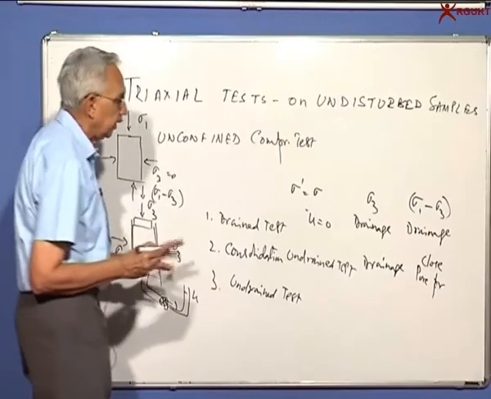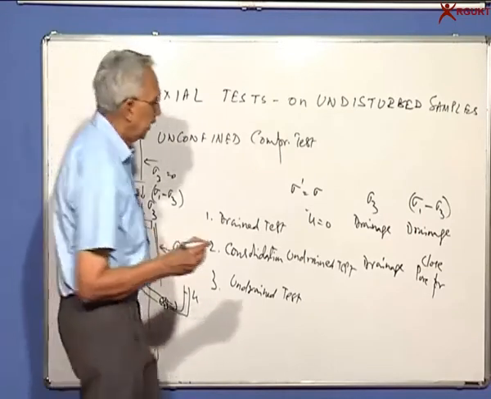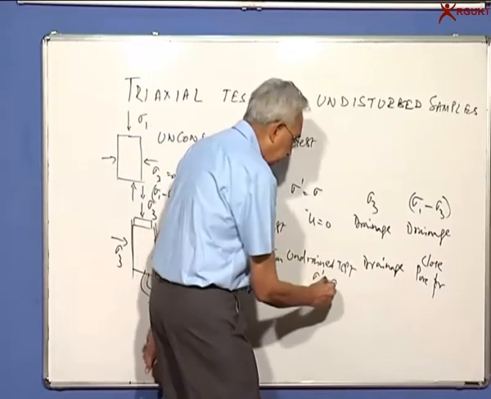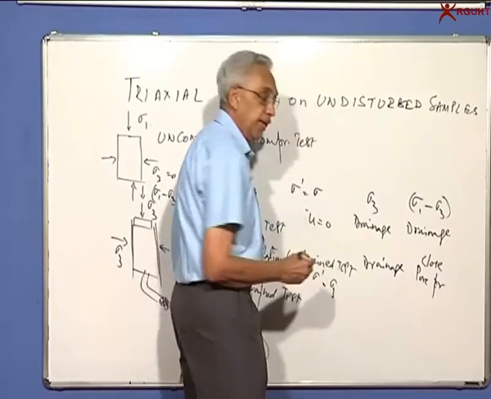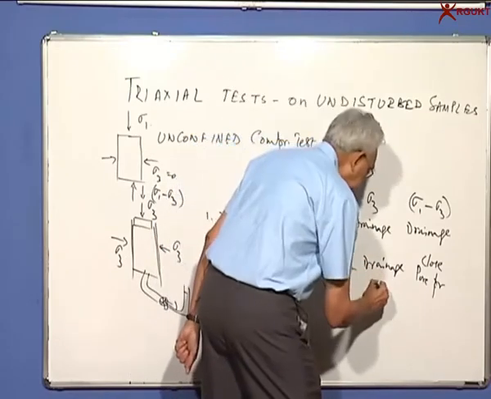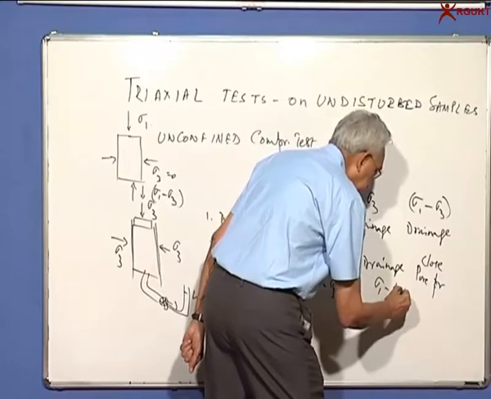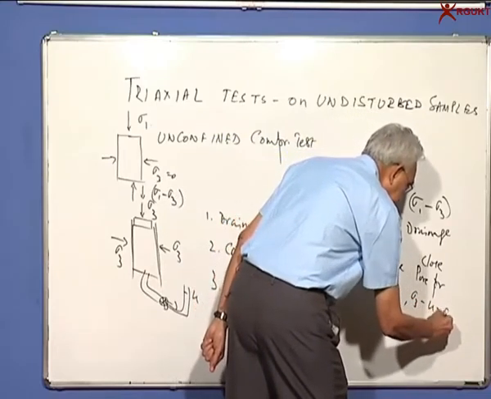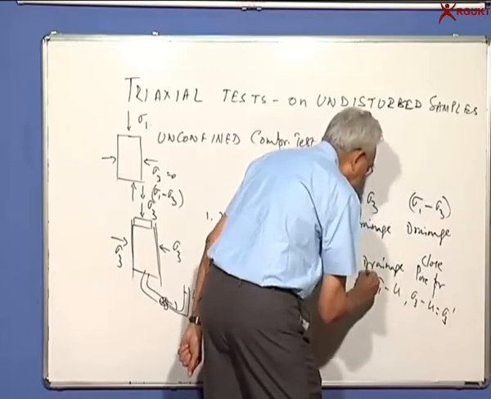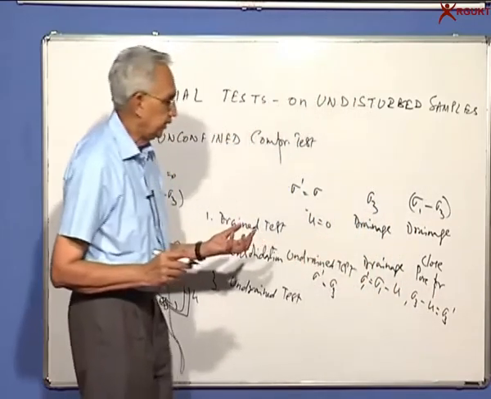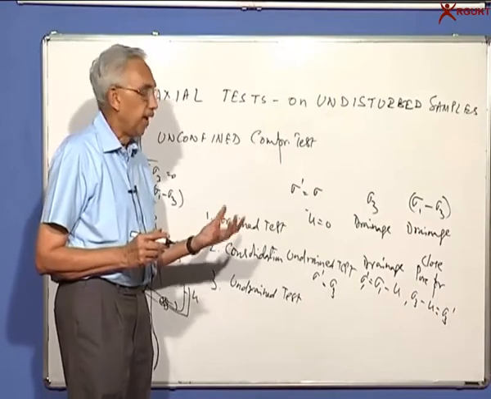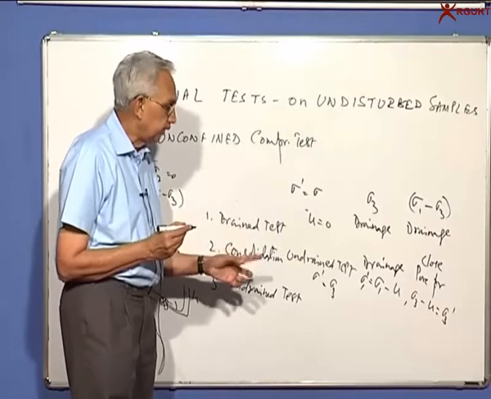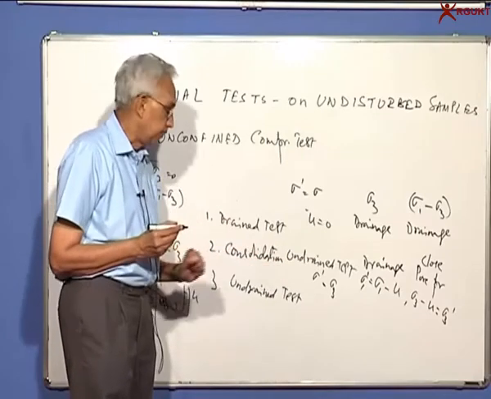In the first part anyway the stresses are the applied sigma 1 and sigma 3. In the second stage you have sigma 1 minus pore pressure and sigma 3 minus pore pressure, so that you get sigma 3 prime and sigma 1 prime. You can get effective stresses, both vertical and horizontal, if you measure pore pressure. So it's always good to measure pore pressures in the second type of test.